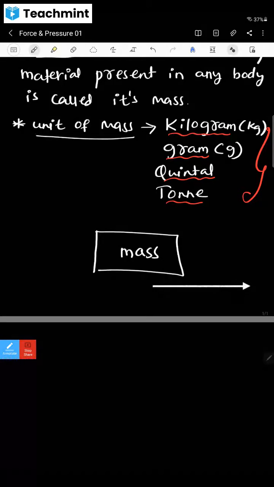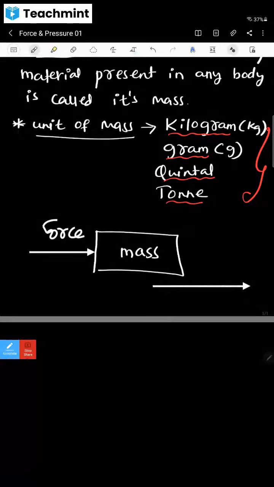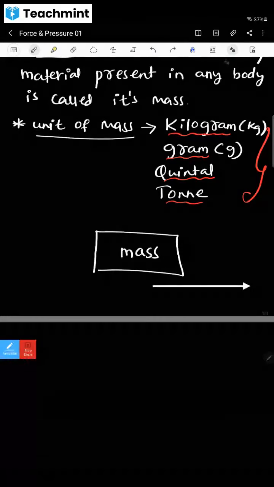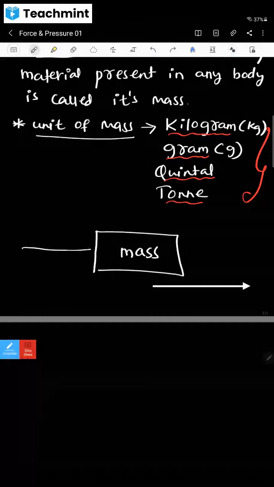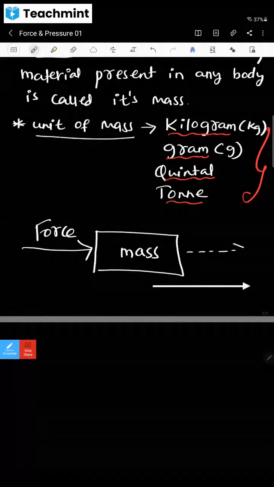Don't you think I should be applying some force on it? Then only this body will start to move.